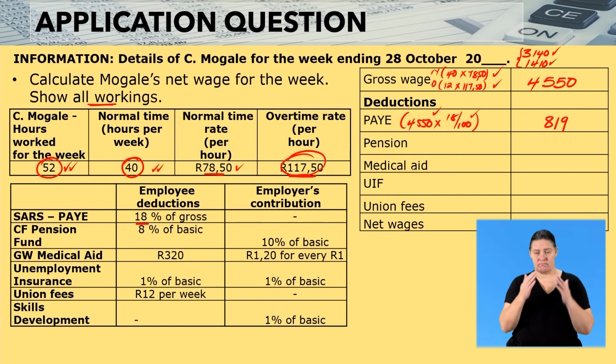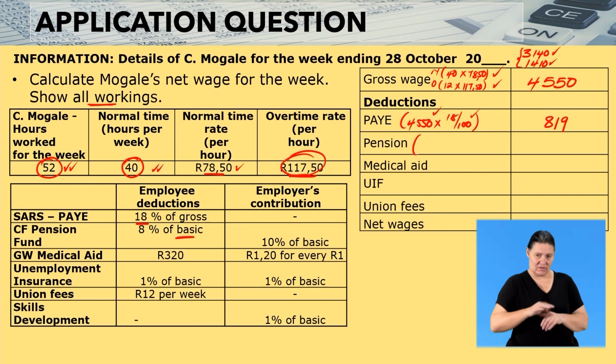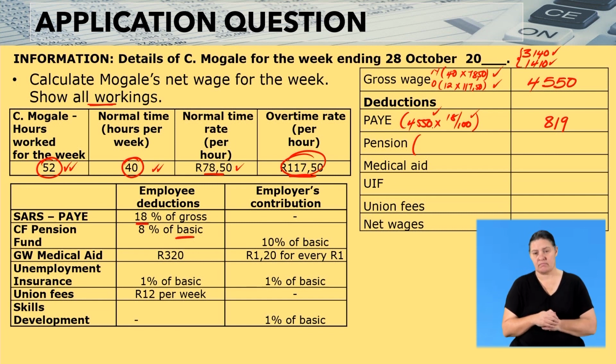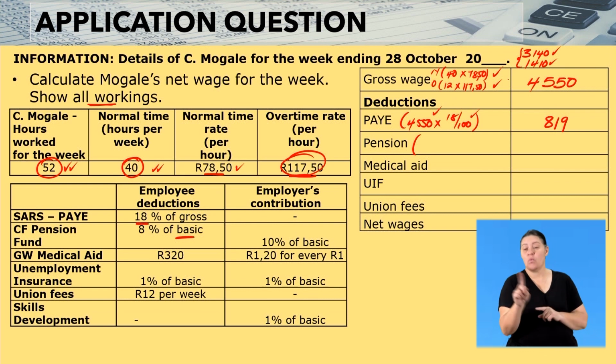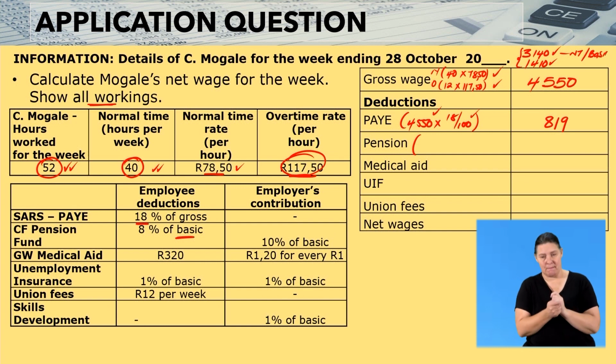Let's go on to the next one. Pension. CP pension fund, 8% of basic. Now, the basic is referring to the normal time. This is the normal time, therefore that becomes the basic.